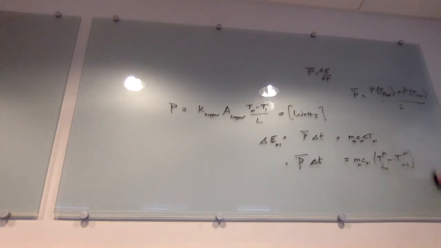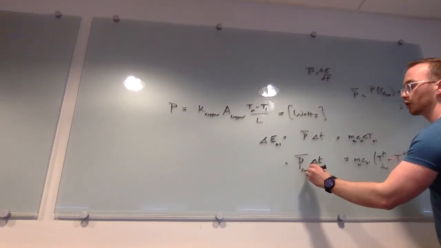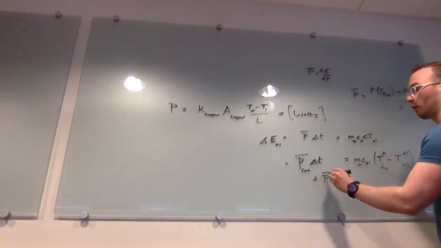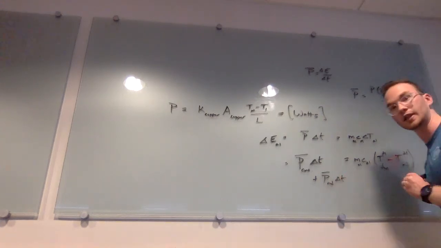Okay, sorry, it should be on this side. So this is the power from conduction, but I forgot that the other part of it was the power from radiation, also times delta T, the same delta T.